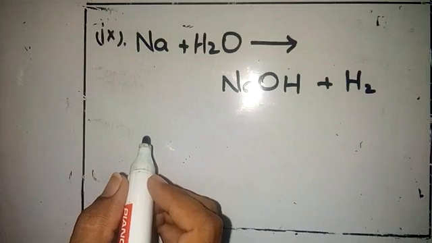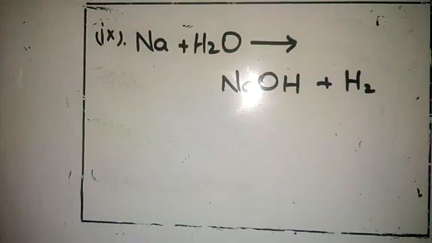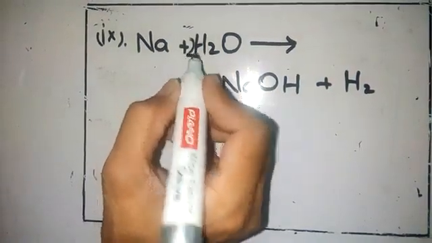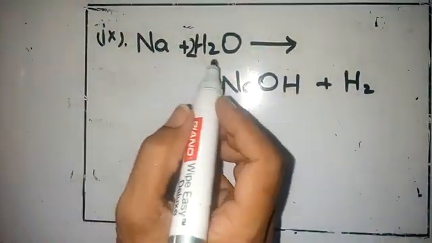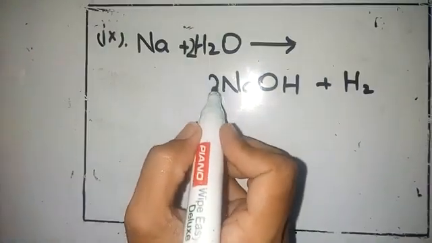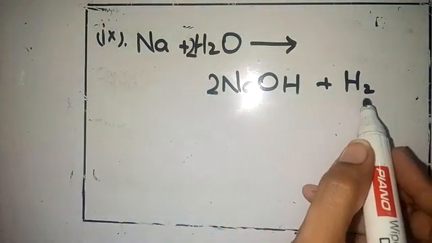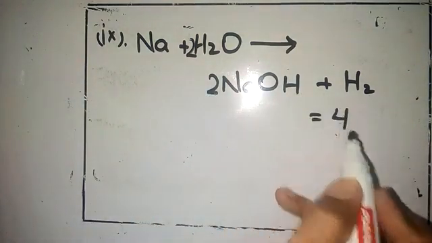So for this we have to place 2 with the water, so they will become 4, and we will also place here 2. For that, 2 hydrogen plus 2 hydrogen equals 4.